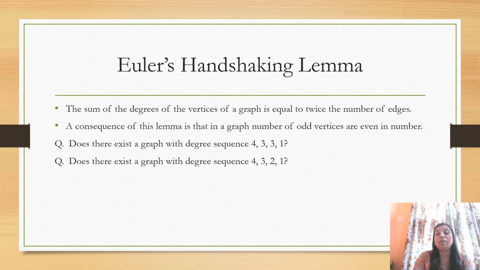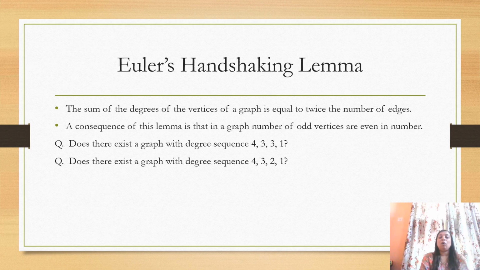And we know that if a graph has 4 vertices, the maximum possible degree that a vertex can have is 3. It cannot be 4. So here we want a vertex to have degree 4, which is not possible, because in a graph of 4 vertices, the maximum possible degree of a vertex is 3 and not 4. Therefore, even such a graph is not possible.